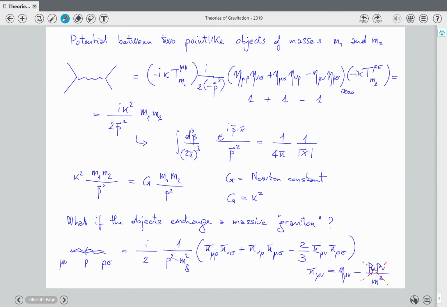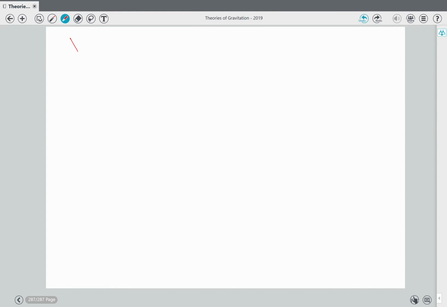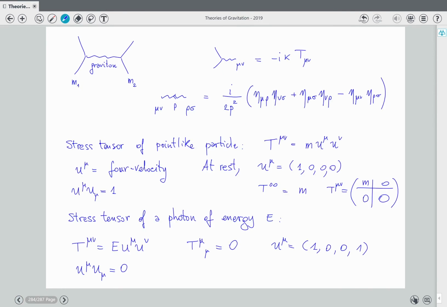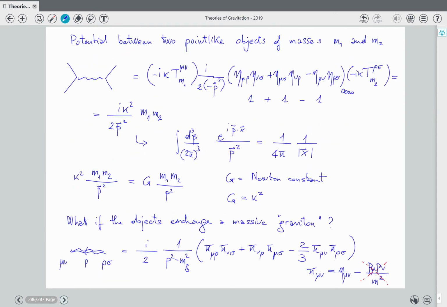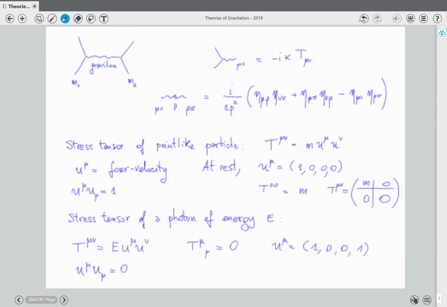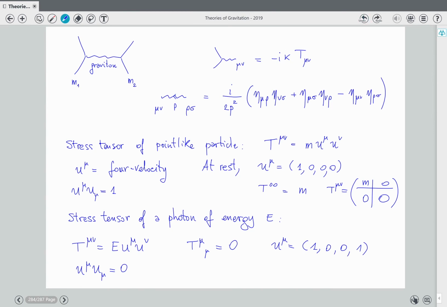So let's see. If you exchange a massive graviton, we will have to assume a similar interaction, J mu A mu, will be similar, but the constant will be a priori different.